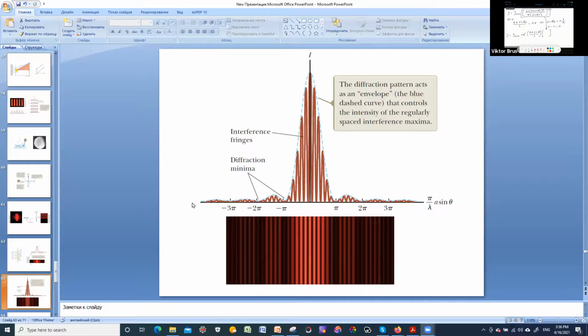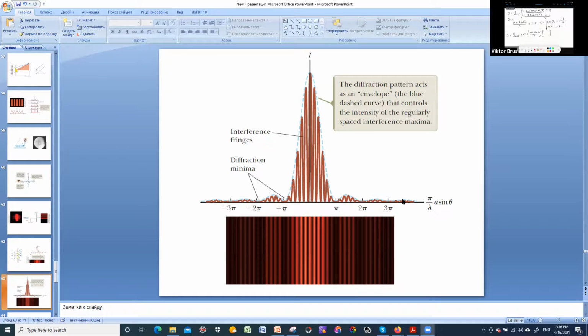To be more specific, we will do some calculation a bit later, but this particular example is modeled for a system with slit width of 3 micrometers and distance between slits of 18 micrometers. What do we see here? We see with this blue line the pattern of the diffraction from the single slit.